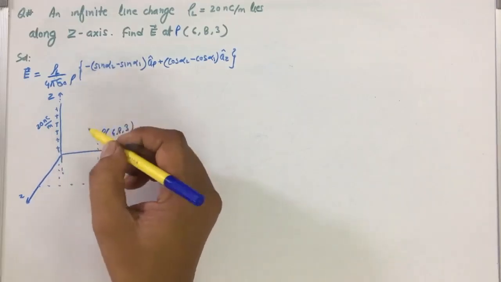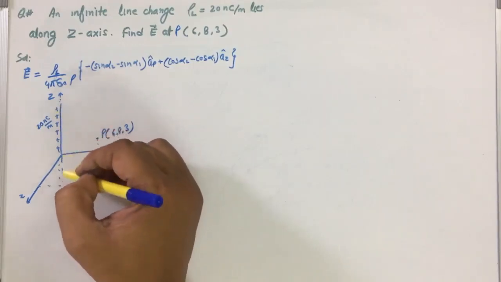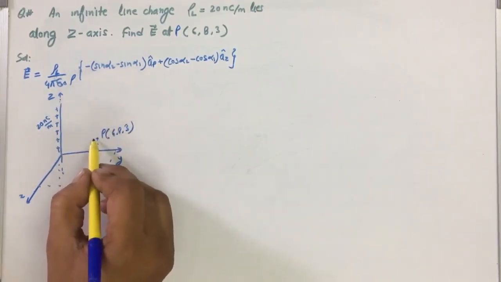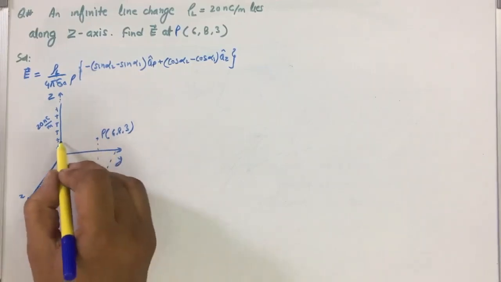So let us find the perpendicular distance from this point to this line charge. That will be parallel to this plane.